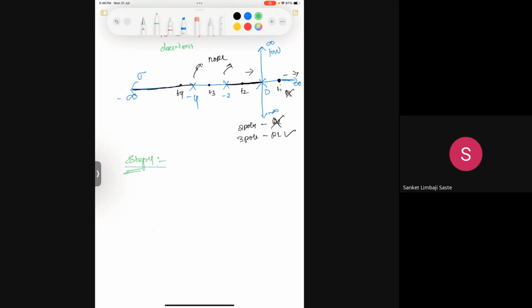It will be 2 only, like a square. If you take a test point here, it will be even, so there will not be any root locus inside this.